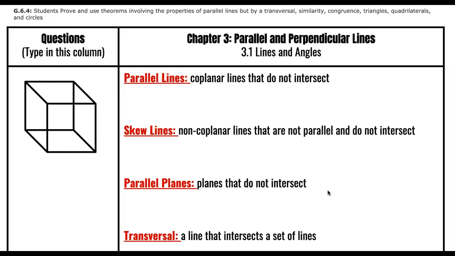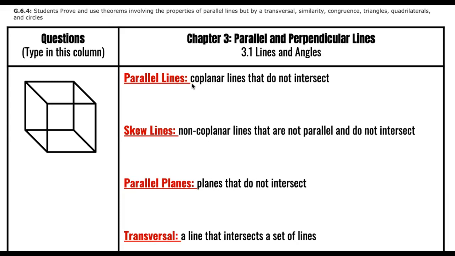This lesson is an introductory lesson with a lot of vocabulary words. So here are the first 3 for you. Parallel lines. Now, I know that you are familiar with parallel lines. We know they are lines that do not cross, do not intersect. But here at the high school level of geometry, you need to add in the term coplanar.